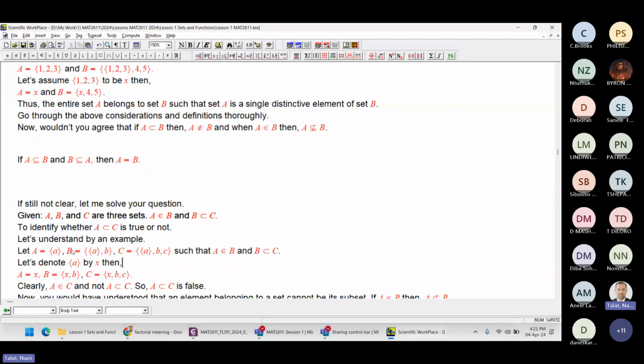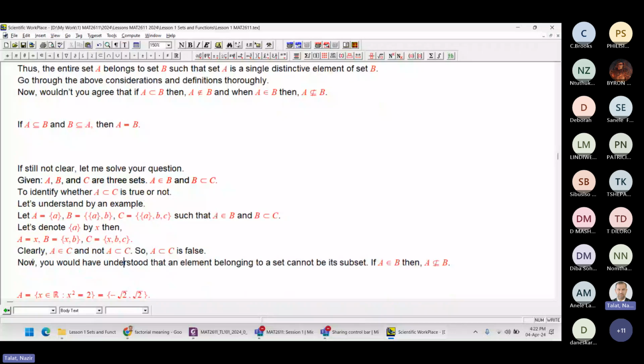Now one can see that if we denote this set A by X, then A is equal to X, B is equal to X, b, and C is equal to X, B, and C. Then clearly this A also belongs to C, and A is not a subset of C, because this A is an element of C only.